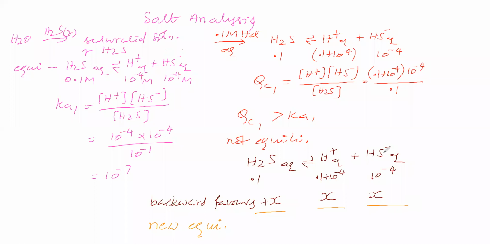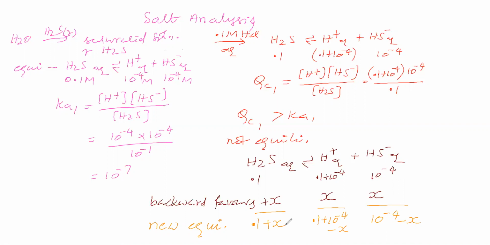At the new equilibrium, the concentration of HS minus is 10 power minus 4 minus x, because this much has disappeared. Similarly, H plus is 0.1 plus 10 power minus 4 minus x, since x has disappeared. H2S is 0.1 and x is produced, therefore 0.1 plus x.